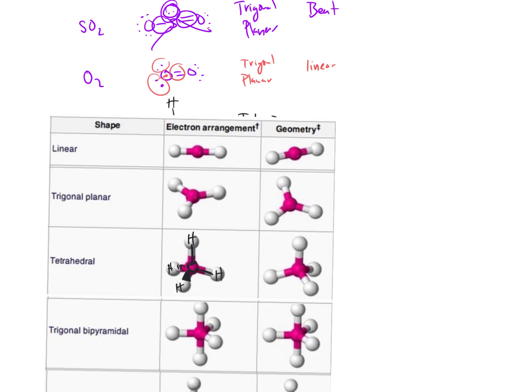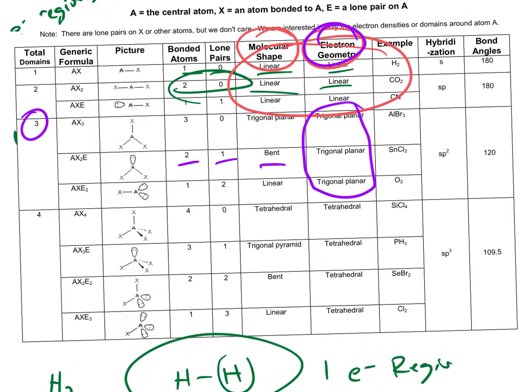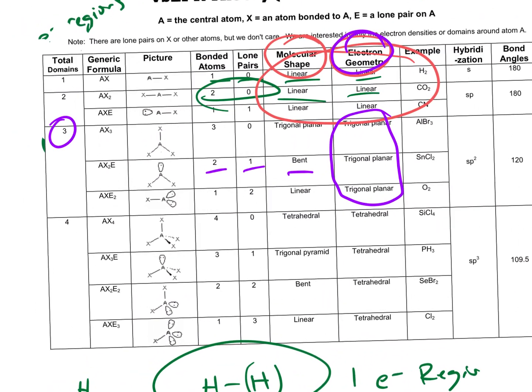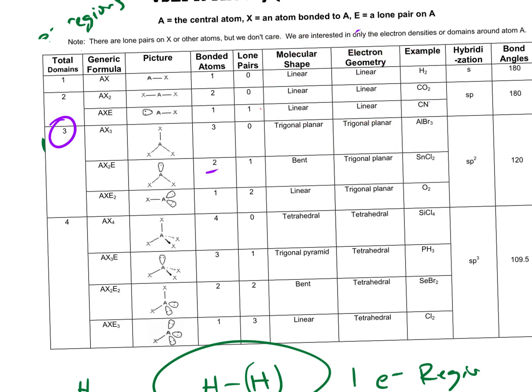Let's look at our chart here real quick. Let me erase some of this stuff. So 1 and 2 is always linear, that doesn't matter. But if there's 3 regions and 0 lone pairs, they're the same name. 4 regions and 0 lone pairs, same name.